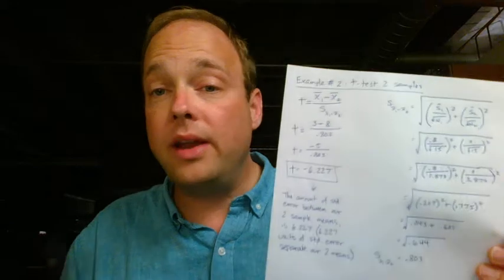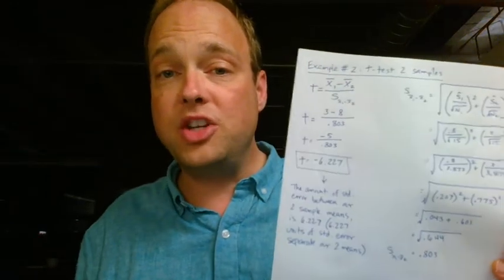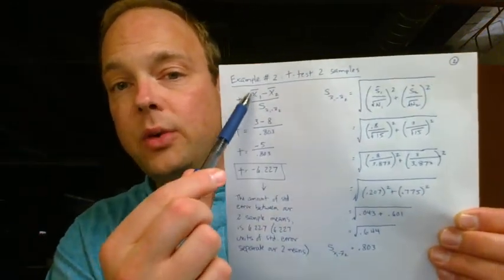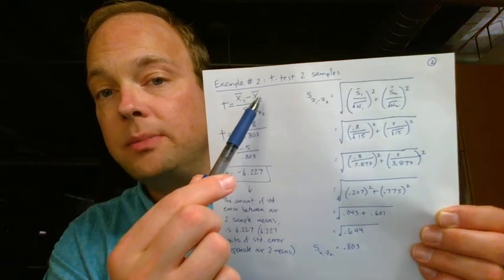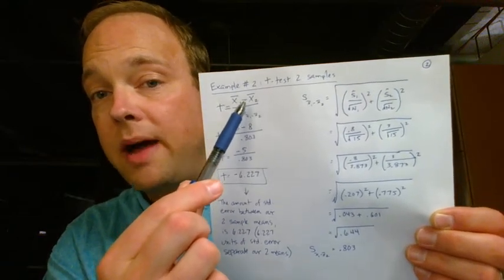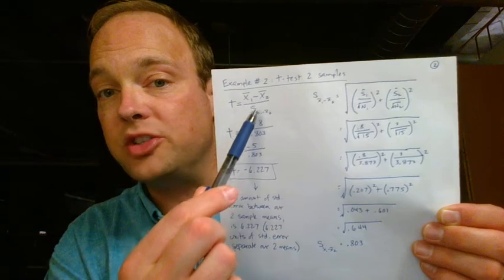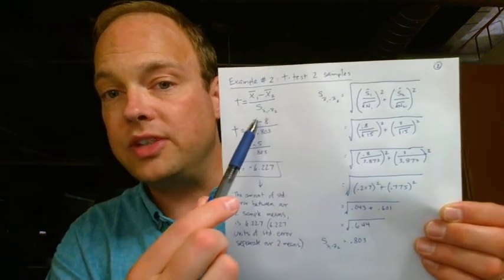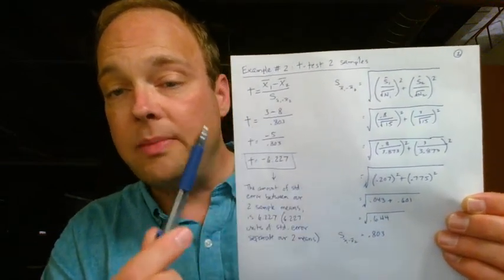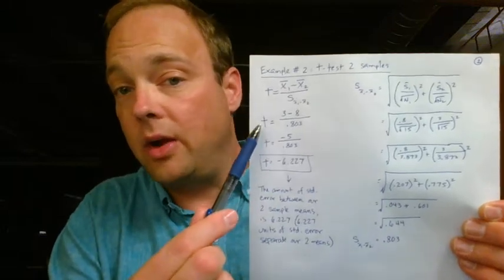So now I'm ready to calculate my data generated t-value. T equals mean sub 1 minus mean sub 2, the mean for our Soc majors minus the mean for our fine arts majors, divided by the standard error for the two samples together. Now it's just a matter of plugging in the information that I already have.